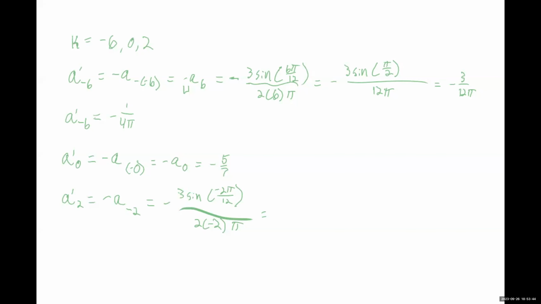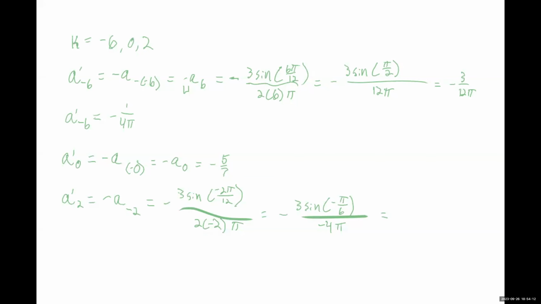Sorry, that should be negative pi over 6, not pi over 2. So -3 sine of negative pi over 6 over -4 pi. Sine of negative pi over 6 is going to give us -0.5.